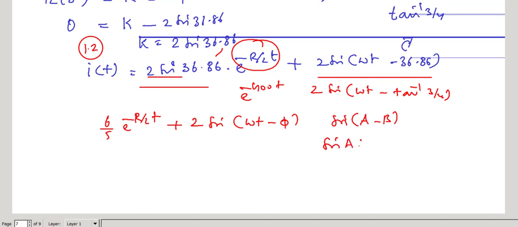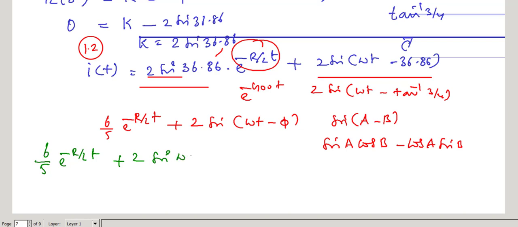Sin a cos b minus cos a sin b. Right. So 6 by 5 e power minus R by L t plus 2 sin omega t cos phi minus cos omega t sin phi.